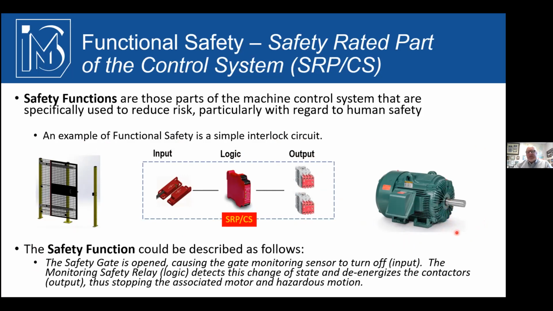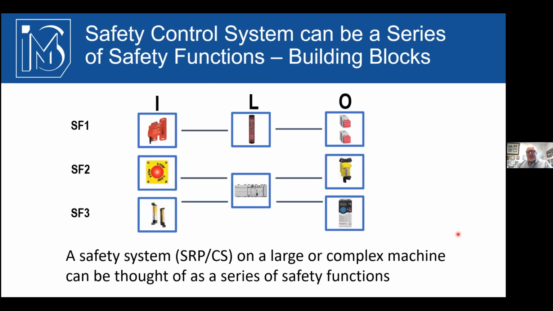When we look at the control system today, a lot of these safety functions are integrated into the standard control system as well. So we'll have a safety rated PLC. We could have a safety relay bolted on or connected, interface wired to a standard PLC, where the safety functions are operated by this relay.